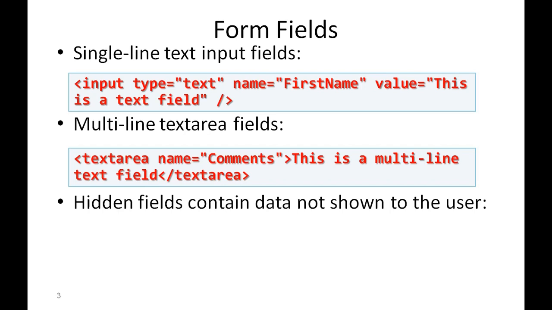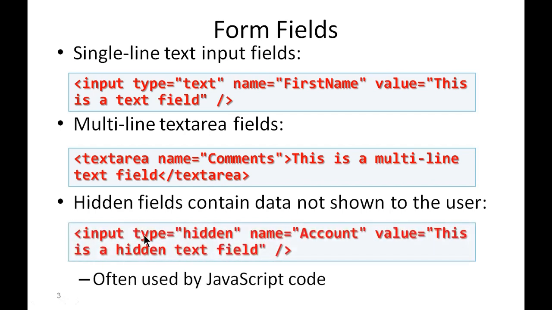They are also created using the HTML input tag. So these password text fields can be created using the input tag, as we used in the single line text input fields. This is an example. Input type is equal to hidden.